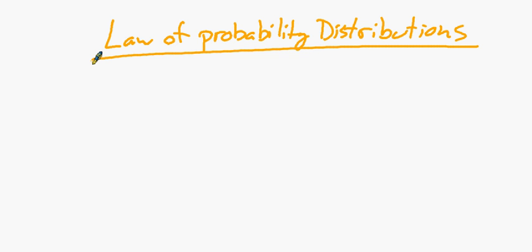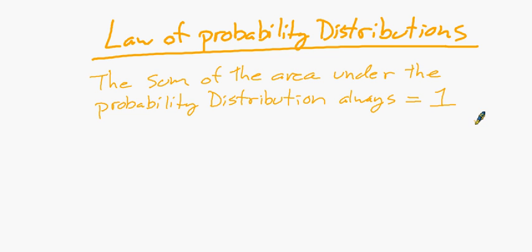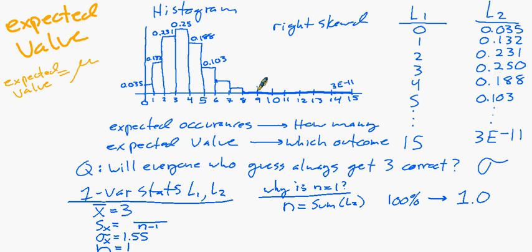I decided to get a new page because there just wasn't enough space down by the other one. The sum of the area under the probability distribution always equals 1. We're going to be using that a lot later on. And hopefully it makes some sense looking at the probability distribution.